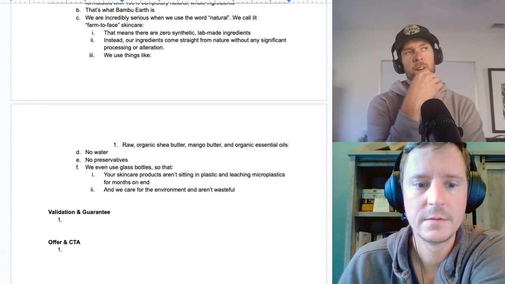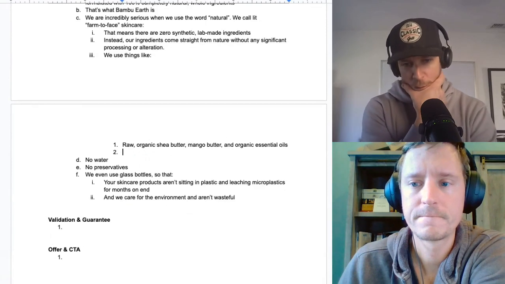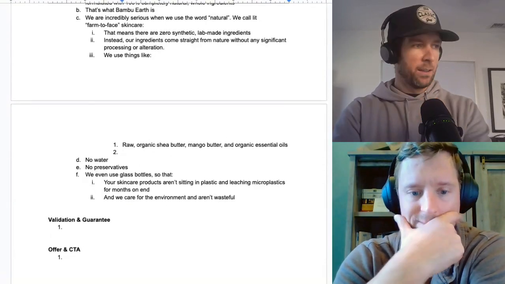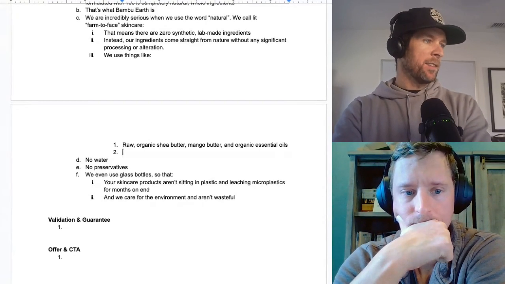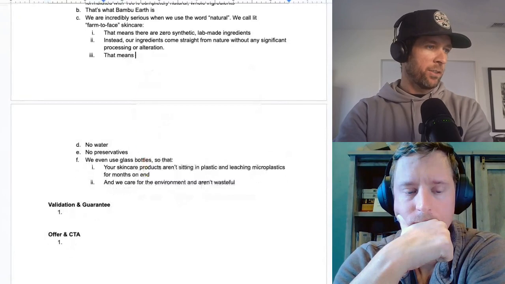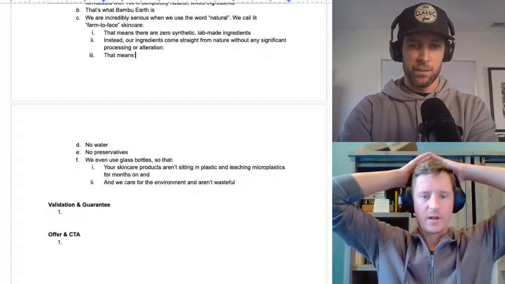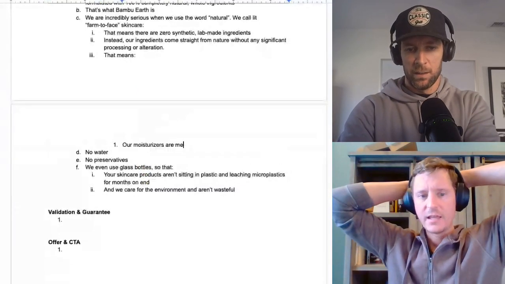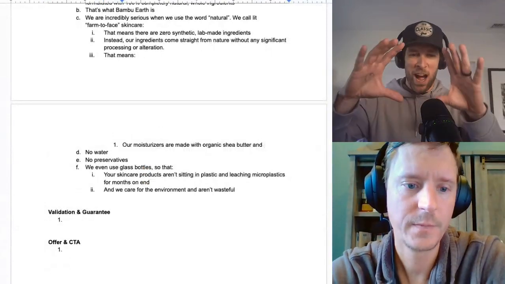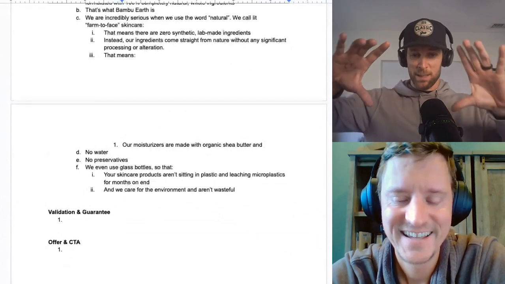What if we went almost product by product here? So we said that means our moisturizers are made with organic shea butter and what else? I would go back. I like you saying generic. But I want to be able to show each product up close.